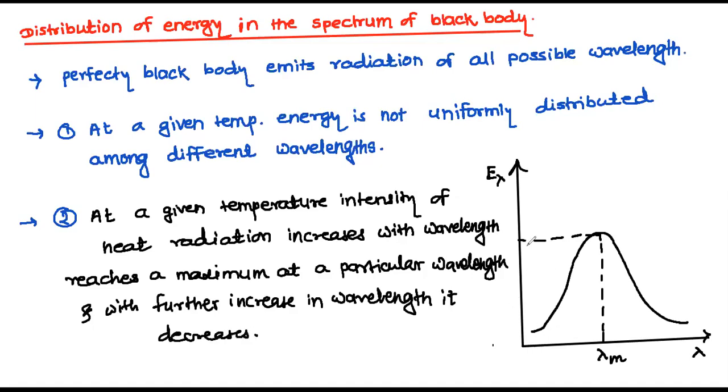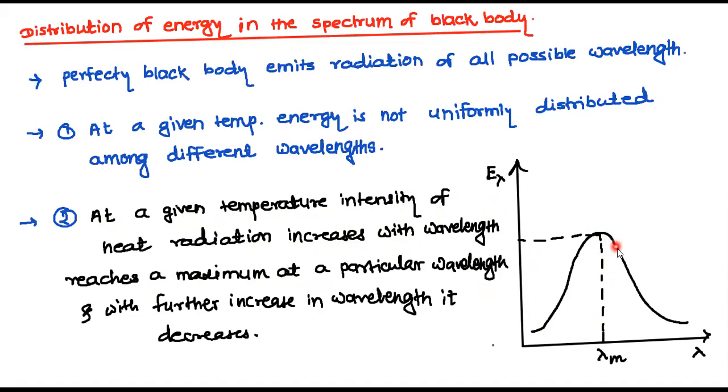See in the graph, can you see here? It is increasing, increasing till this point, right? So that's why it is written, at a given temperature, intensity of heat radiation increases with wavelength, reaches a maximum. So wavelength reaches maximum here, so energy, or intensity of heat radiation, is also increasing.